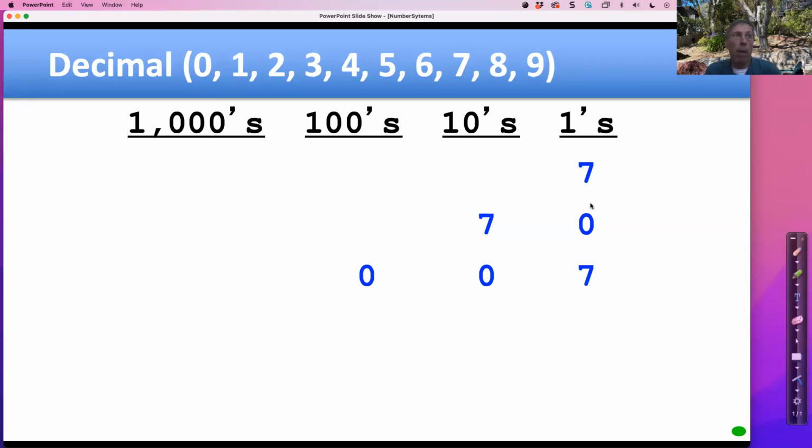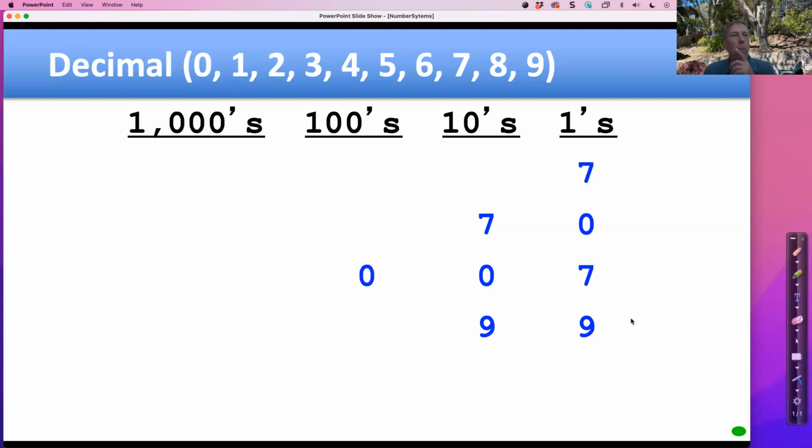Now, of course, zeros after a number do change the position of, in this case, the 7. Here we have the 7 in the tens position and 0 ones. Okay. 99. In this case, I have 9 tens and 9 ones.